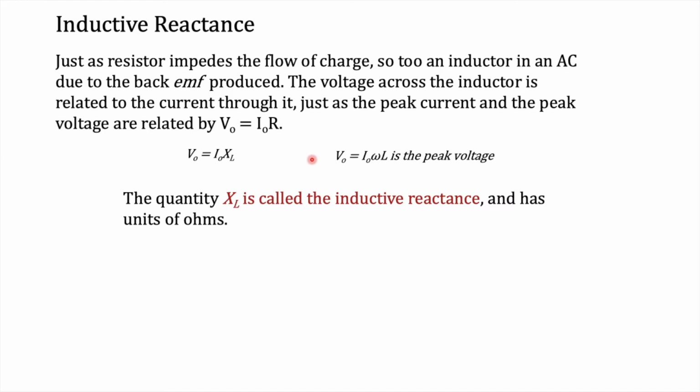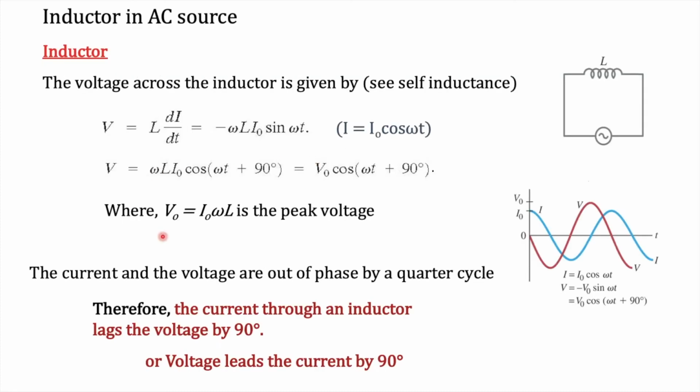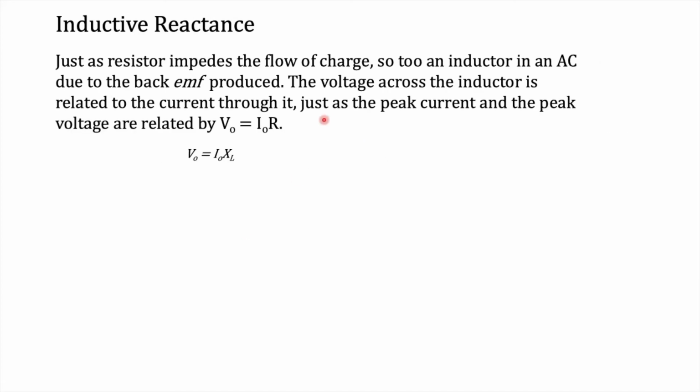And so comparing this constant term here, V naught, I naught omega L, to V equals IR, I naught R, where again V naught and I naught are the peak values, we see that V naught is I naught R, or we replace that constant V naught from the earlier two, we get R. This is the resistance of a resistor, but our inductor is not a resistor.